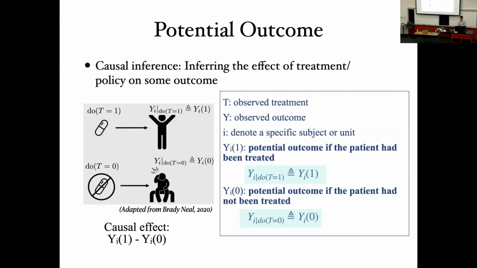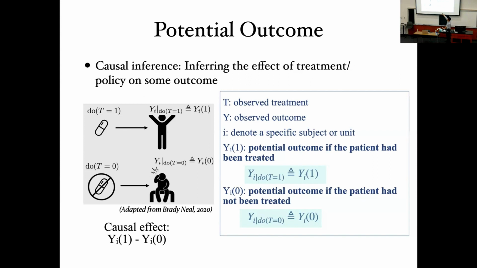Now, potential outcome. Suppose we are doing a treatment. First of all, let's see the notation. For a particular subject or unit, I is 1. You can do intervention on treatment, and set the treatment to 1 or 0. And then you have this notation: the Y value for the I subject given the intervention to set T to 1.